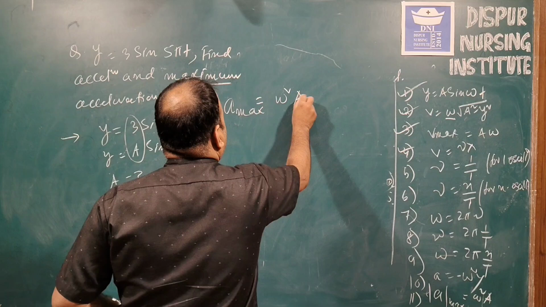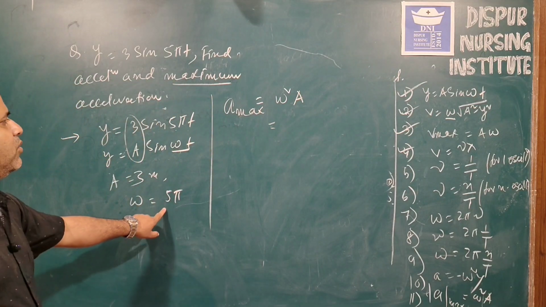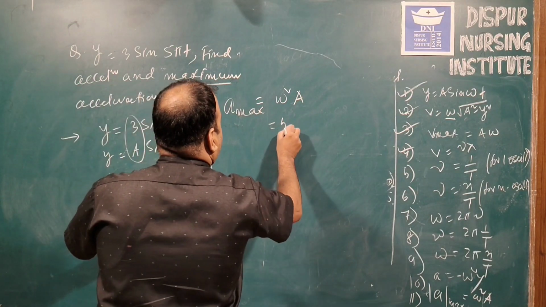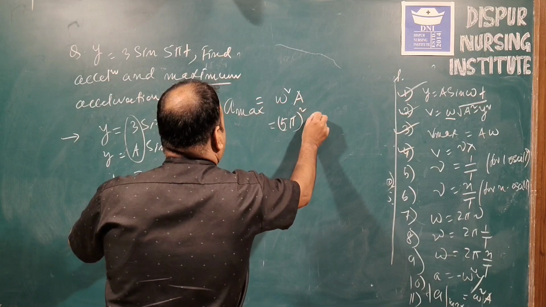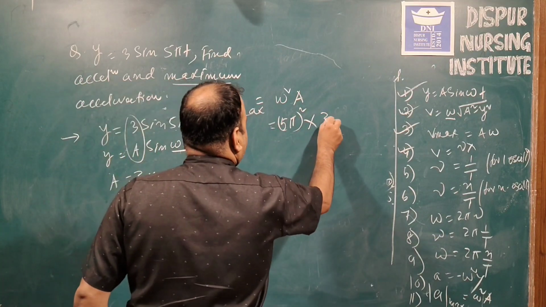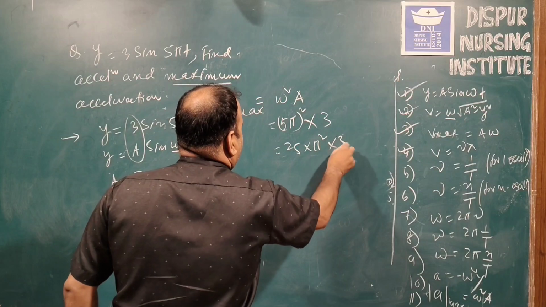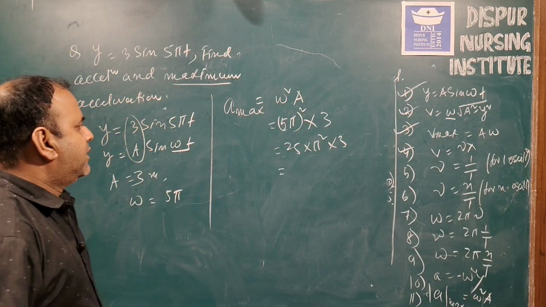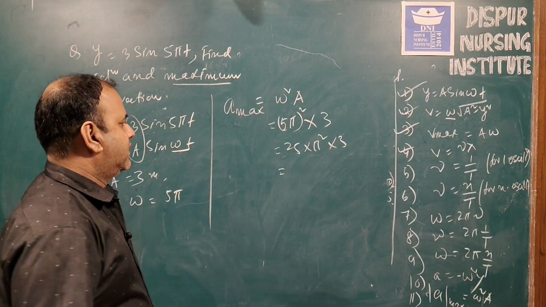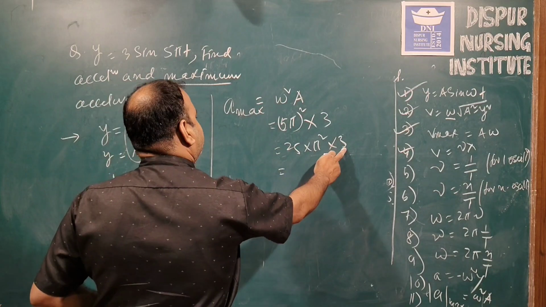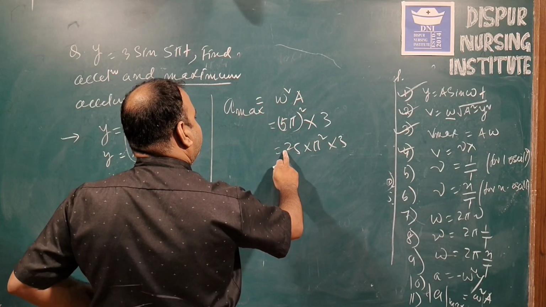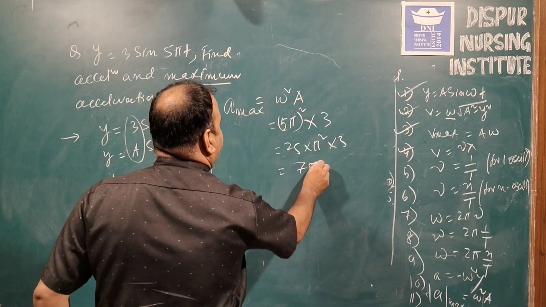So omega means 5 pi, it will be 5 pi whole square into amplitude, which is given 3, so it will be 25 into pi square into 3. You always remember pi square is always taken as 10, so 25 into 3 is 75, into 10 is 750.